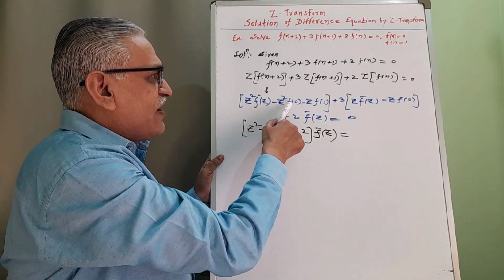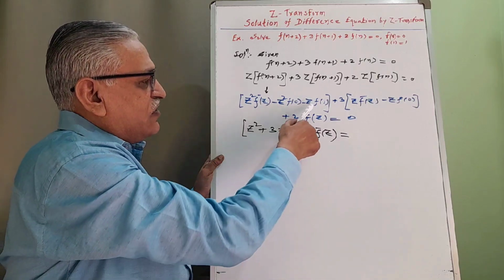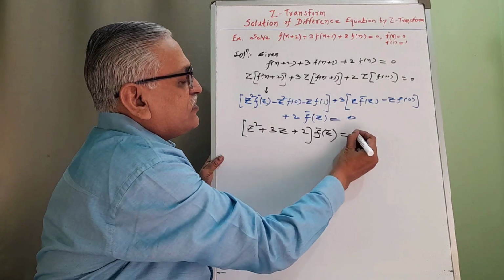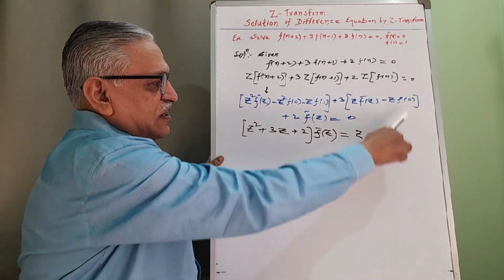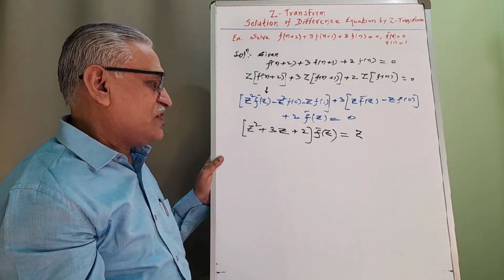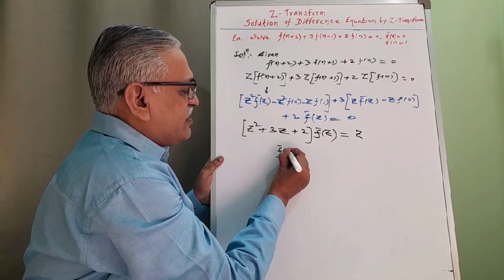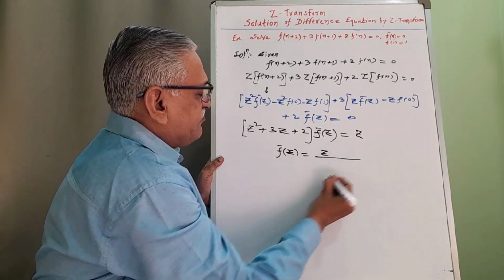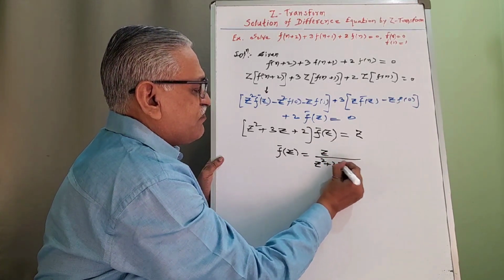The value of f of 0 is 0, therefore this term becomes 0. Value of f of 1 is 1, therefore minus z. If you transfer on right hand side, it becomes plus z. Once again f of 0 is 0, that term becomes 0. And then we get the value of f bar of z as z divided by z square plus 3z plus 2.